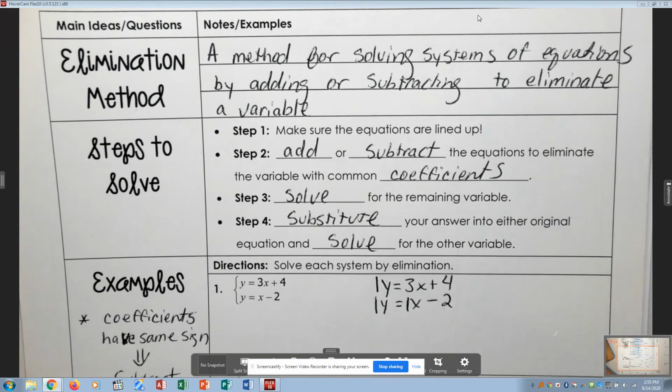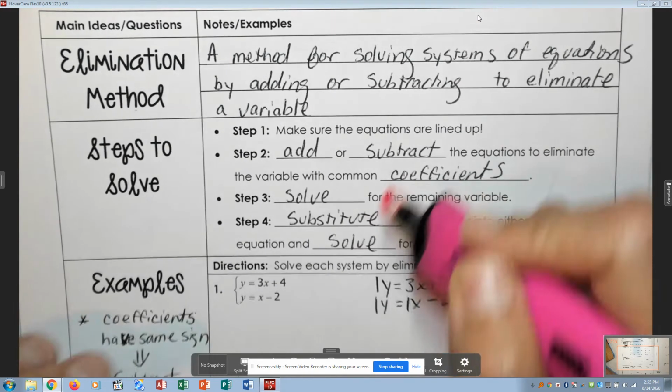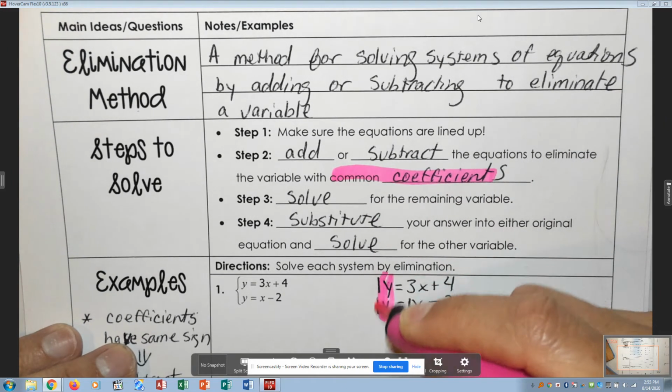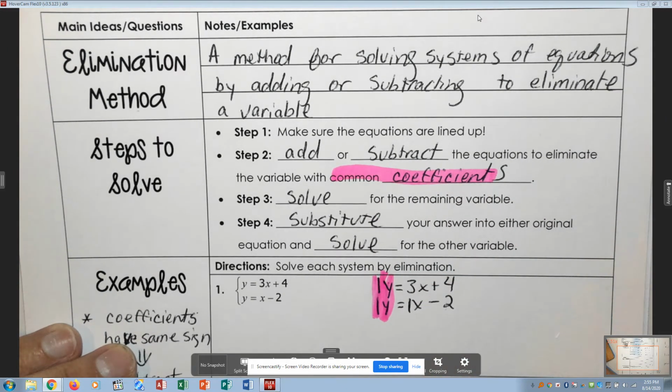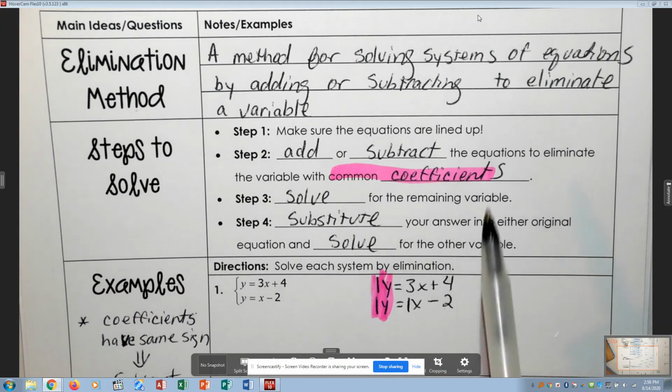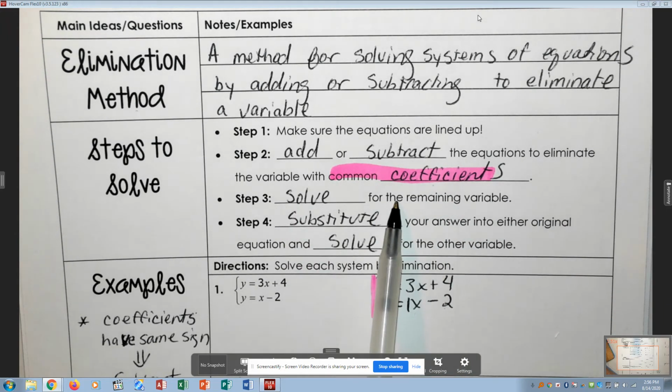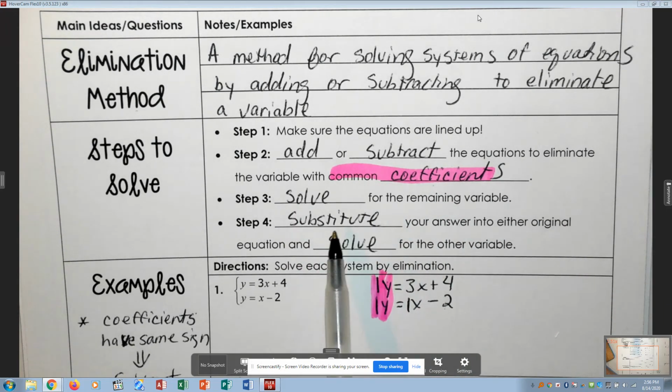So the common coefficient is right here. They have the same coefficient. Then after you add or subtract the two equations, you solve for the remaining variable, and then you substitute your answer into either of the original equations and solve for the other variable.